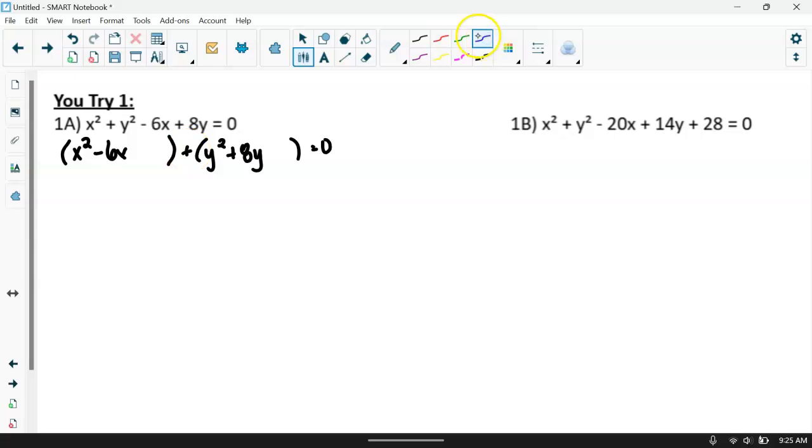Then when you completed the square, half is -3, -3 squared is +9. Half is 4, 4 squared is 16.